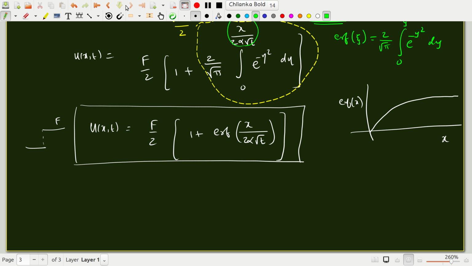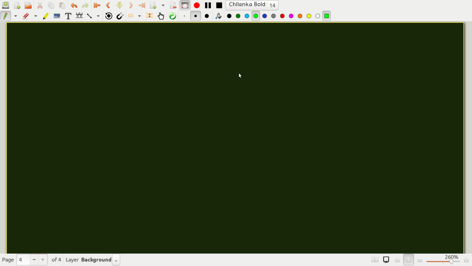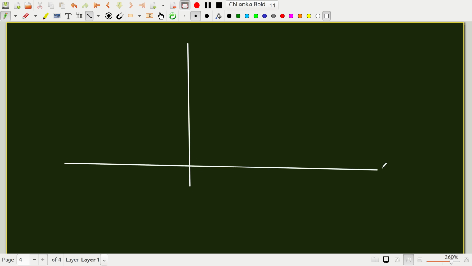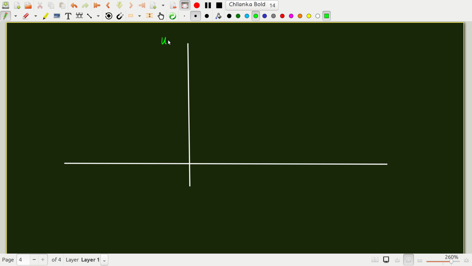Okay, let me draw it on the next page properly. So you have, let's say, this is your axis where you're plotting u of x, t versus x at different times.